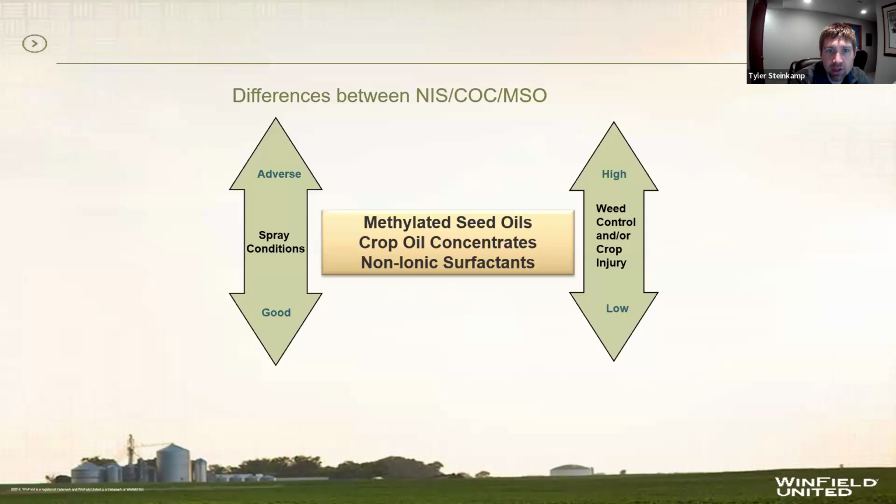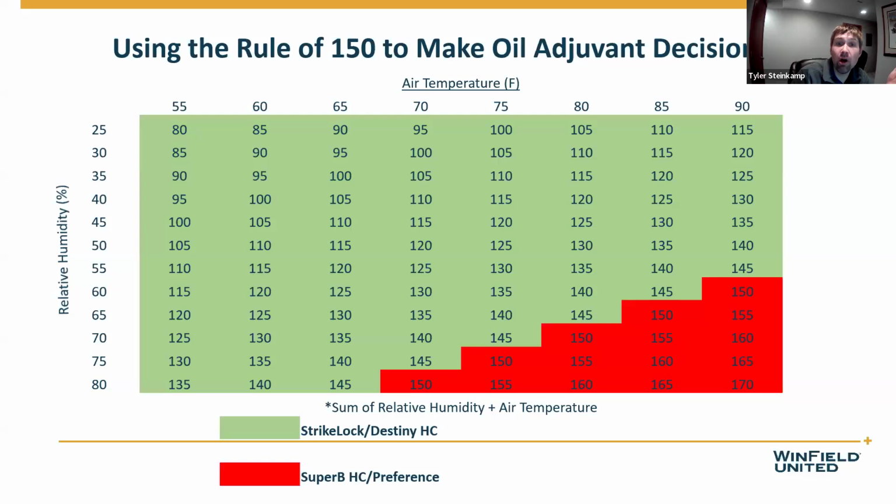Or if you have a hot and humid day, you might even back it down to a crop oil concentrate. I know that people are concerned about crop response, but in the end, guys, oftentimes not killing the weed is worse than seeing a little bit of crop response in the field.